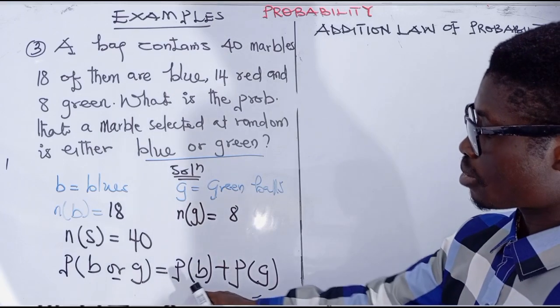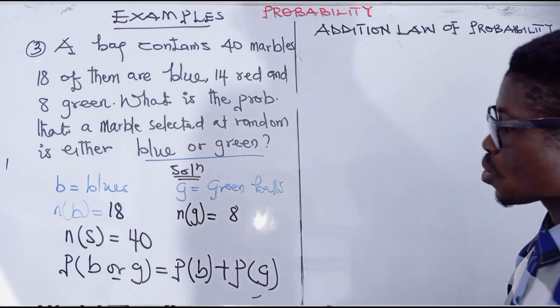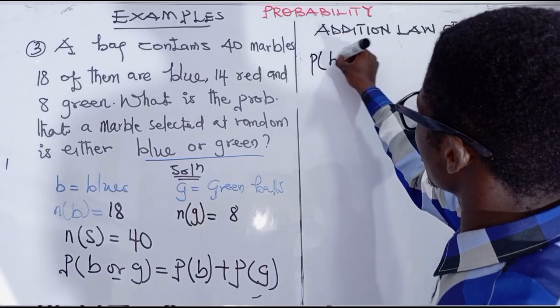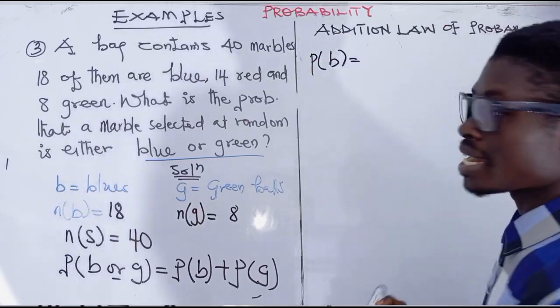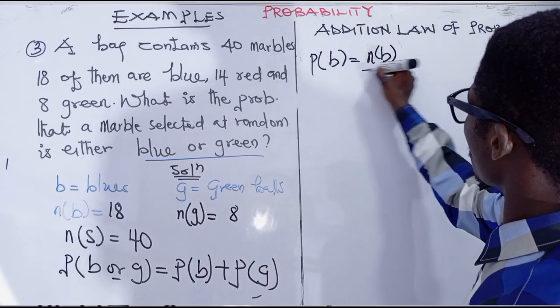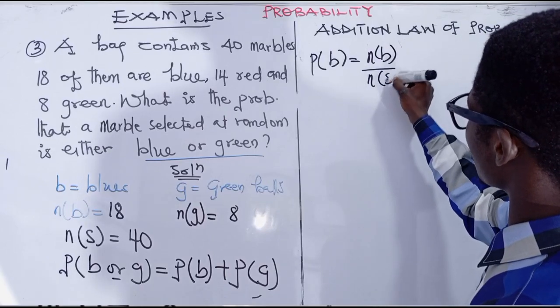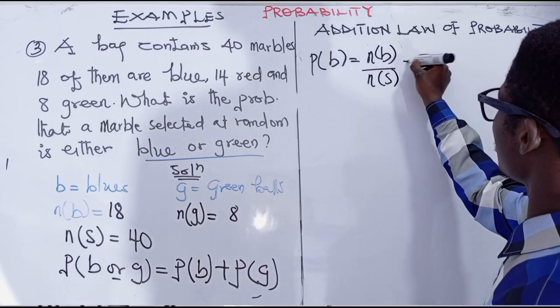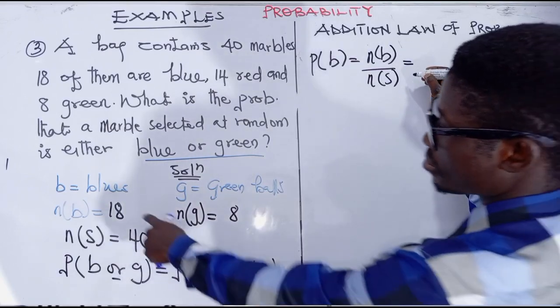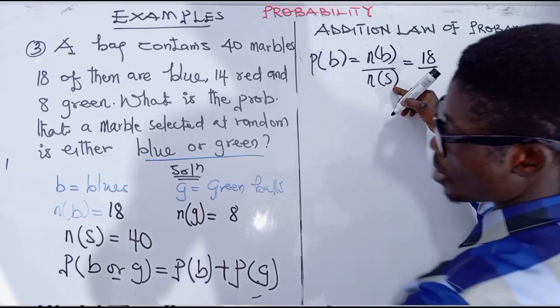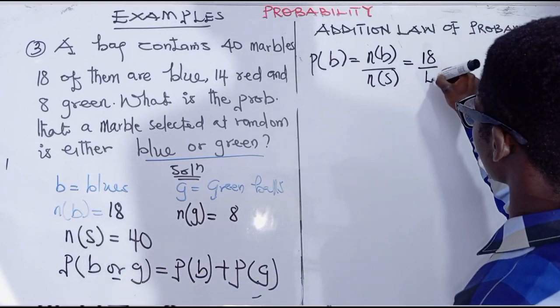So we have to first find the probability of picking a blue marble from the bag. It gives us the number of blue balls all over the number of outcomes in the sample space, which is the total marbles in the bag. Number of blue balls we have 18 all over total marbles in the bag we have 40.